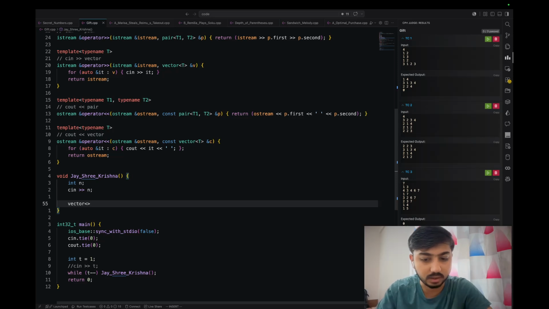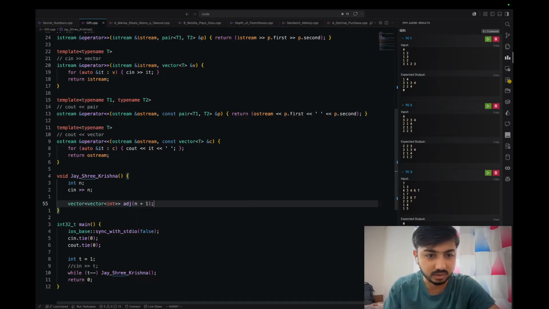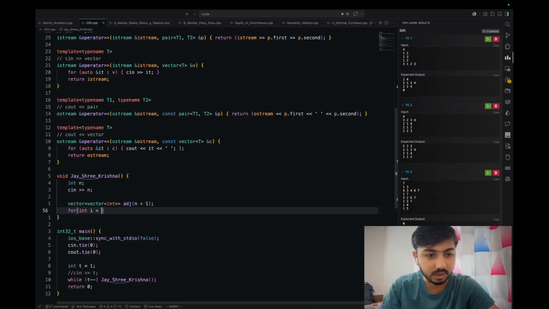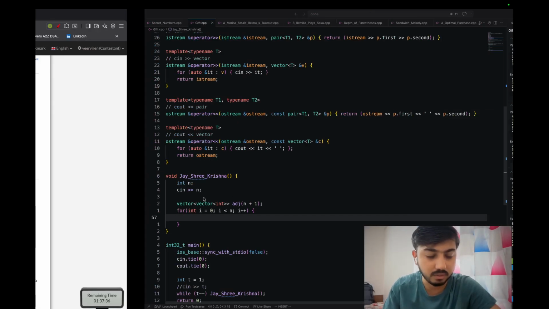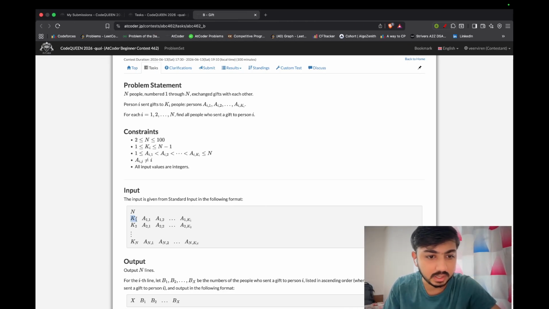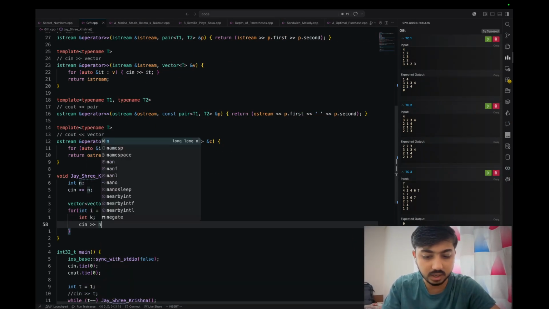Let's call it vector of vector int, something like an adjacency list only. And for int i equal to 0, i less than n, i plus plus. Now we have the ith person sent k number of gifts. We can call it in k.